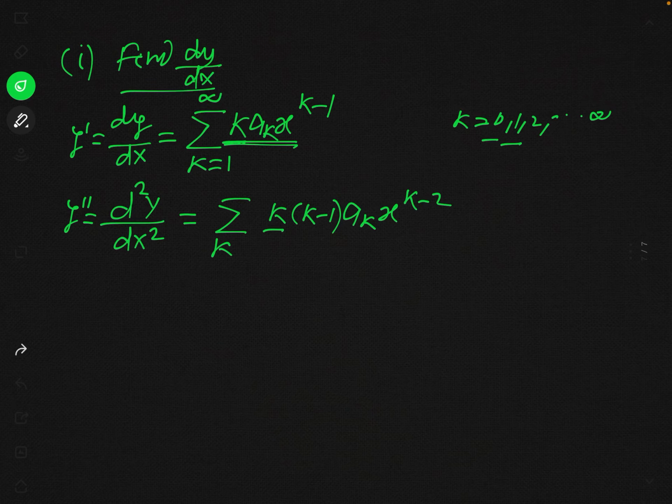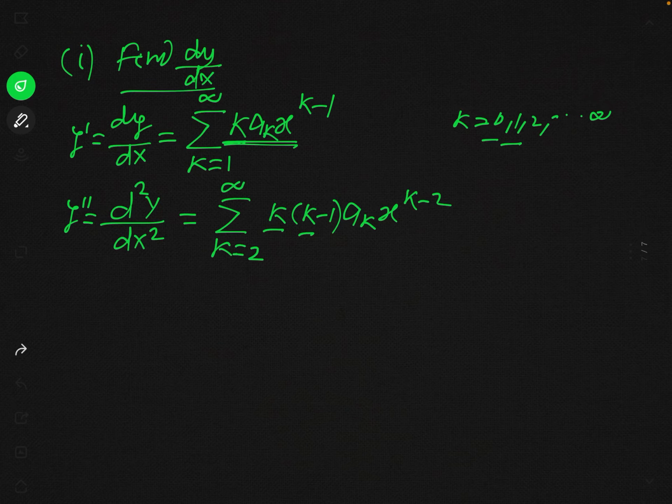Now you can see, if we take k equal to 0, then due to this k, this term will vanish, it will become 0. And when you take k equal to 1, then due to this k minus 1, this will be 0. So there is no need to write the limits k equal to 0 and 1. We will start from the non-zero values, k equal to 2 to infinity.